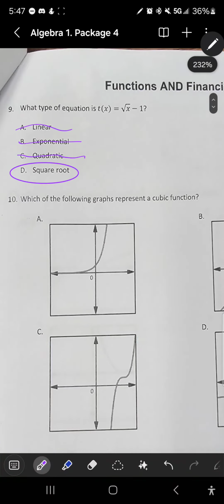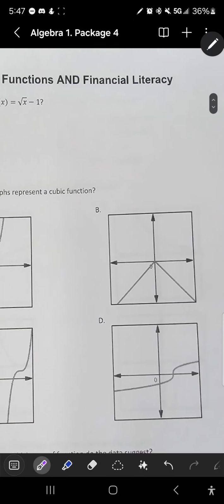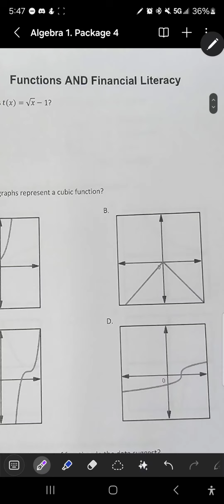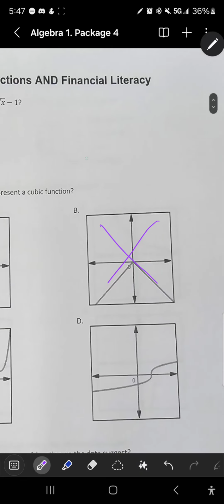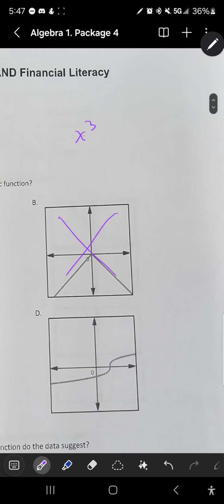Now, which of the following graphs represent a cubic function? First of all, we know that b is not because it's an absolute value, and our cubic function is more or less the same as I was saying before. But in this case, it's x to the third. So we can use the values.